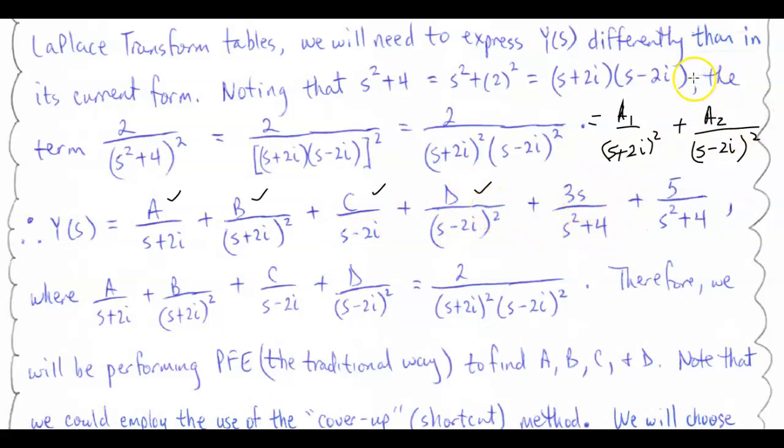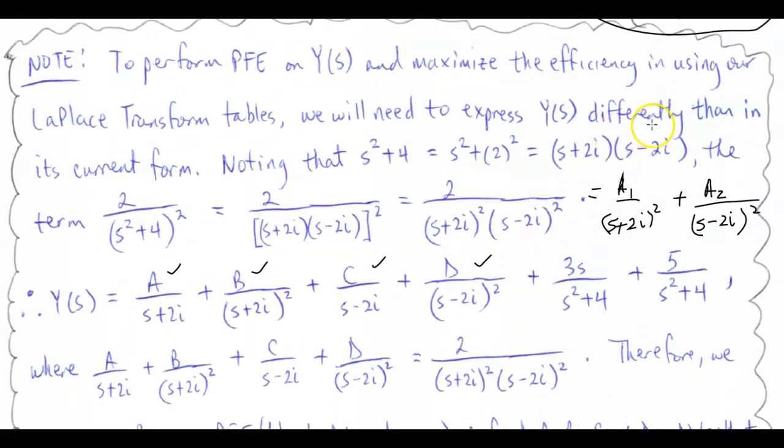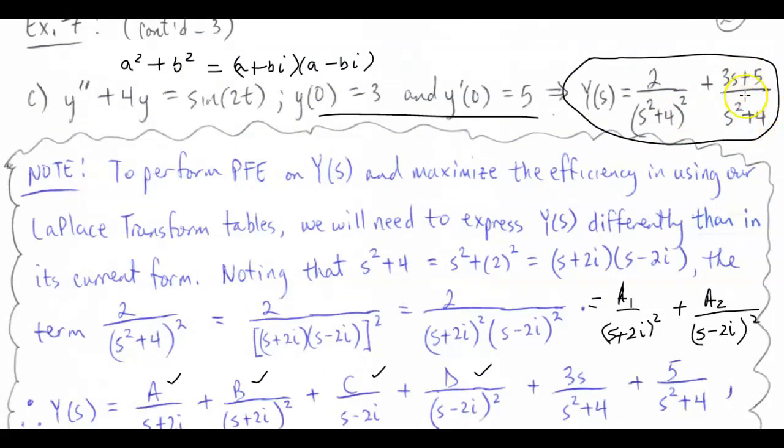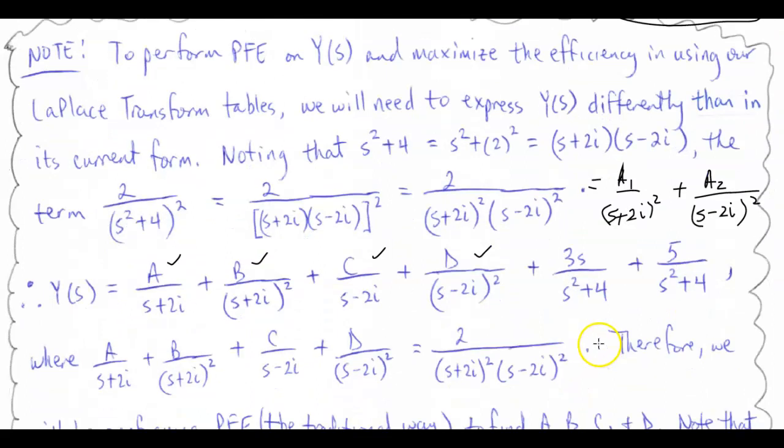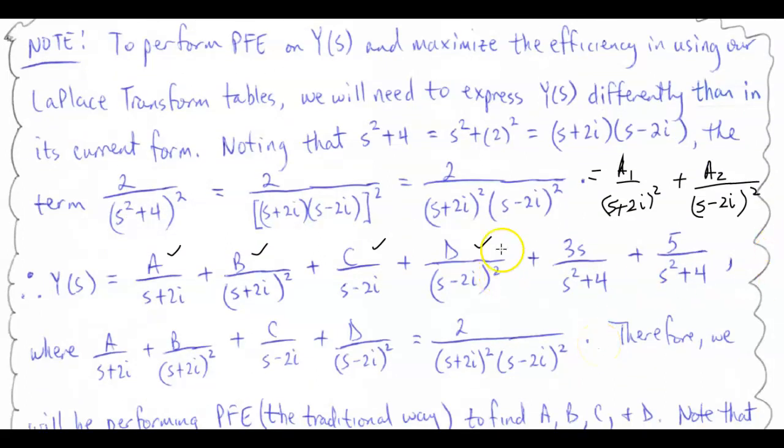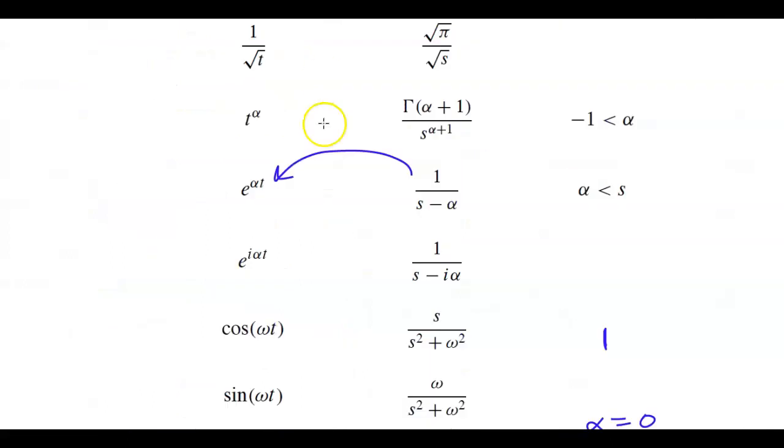And then, of course, for the last term that I originally had here, I split it up into 2 separate terms. Part of the reason I want to do that is because I notice here that this s over s squared plus 4 matches something in my tables.